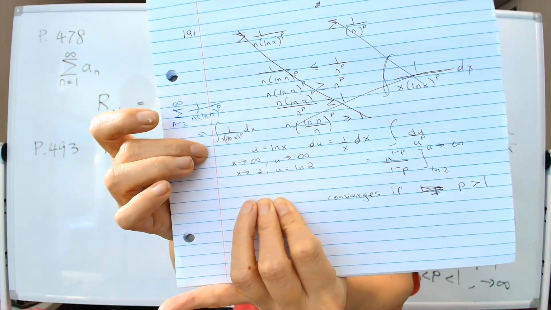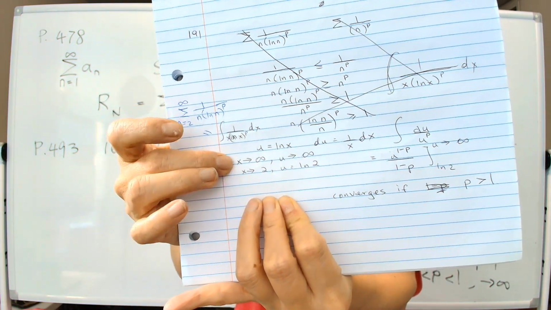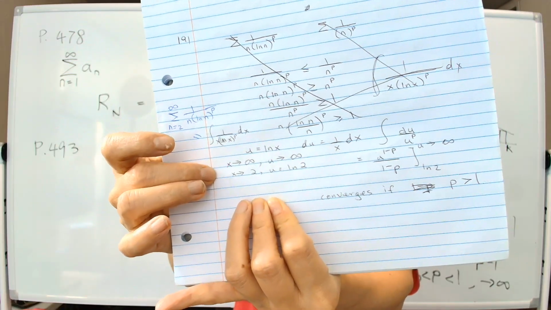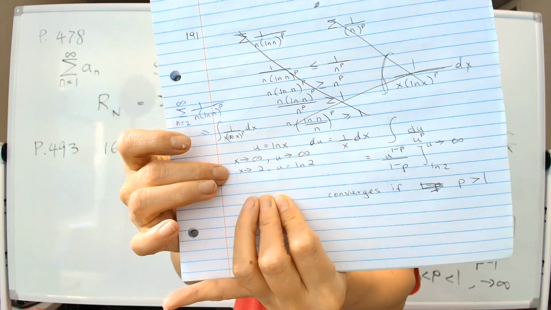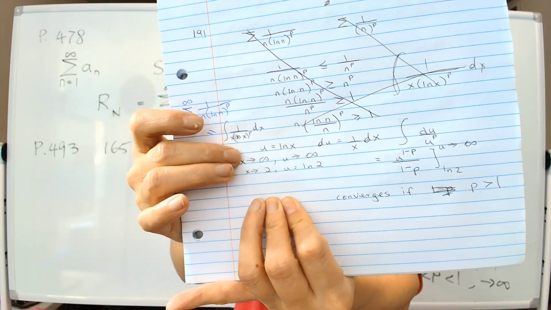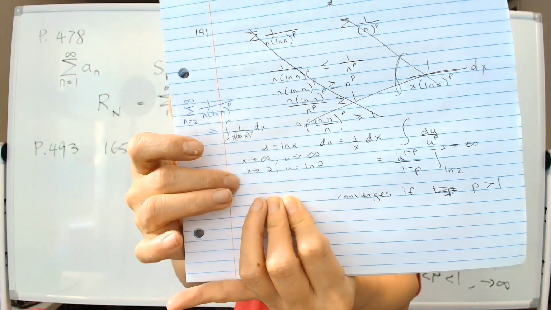We'll plug in the function and integrate it, and then we'll let u equal the natural log of x and du and all that stuff, the substitution. And also remember that when we change x during the substitution, we have to change the endpoints maybe.